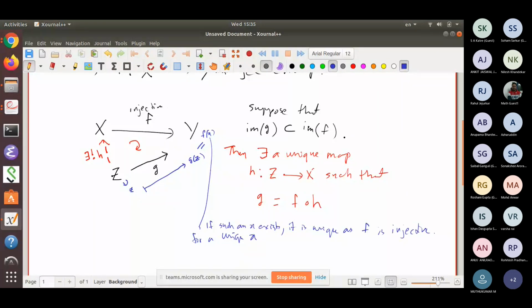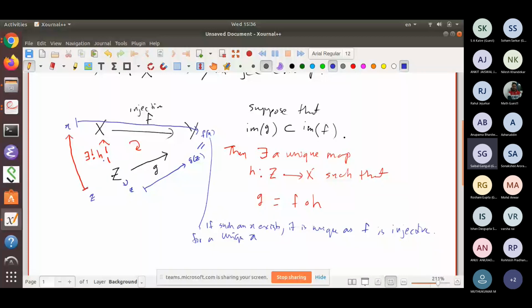So there are no two different elements here which are mapping to the same element here. Now you send this z under this red map. Let's print the map red. Under this red map, you are forced to send it to x, because x is the only thing which maps to fx. So you see, there exists such a unique H.